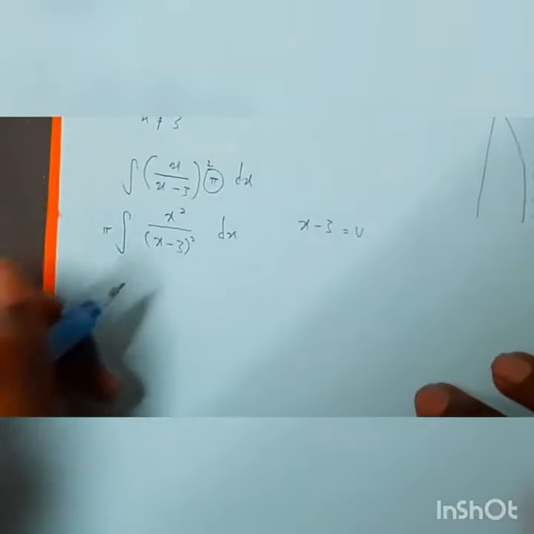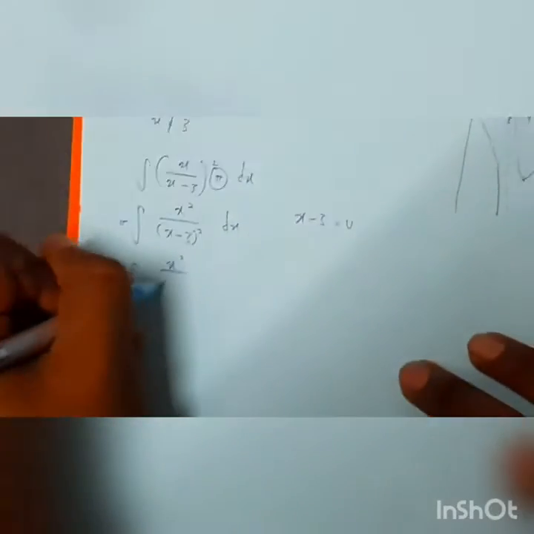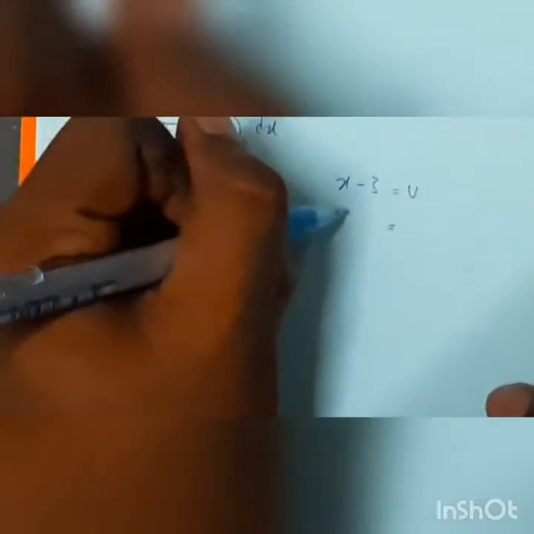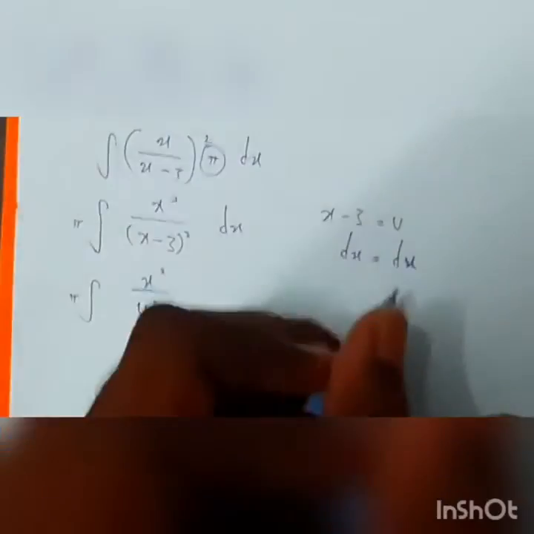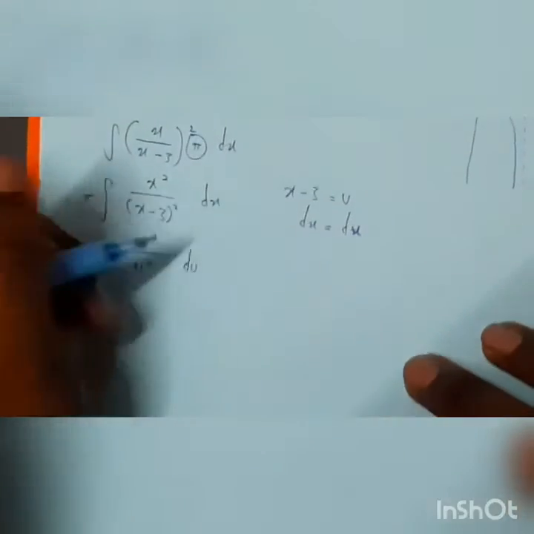Then the denominator would become u squared, and when we differentiate, we will get dx equal to du. So we can substitute dx equals du into our dx here, and it will give us du.